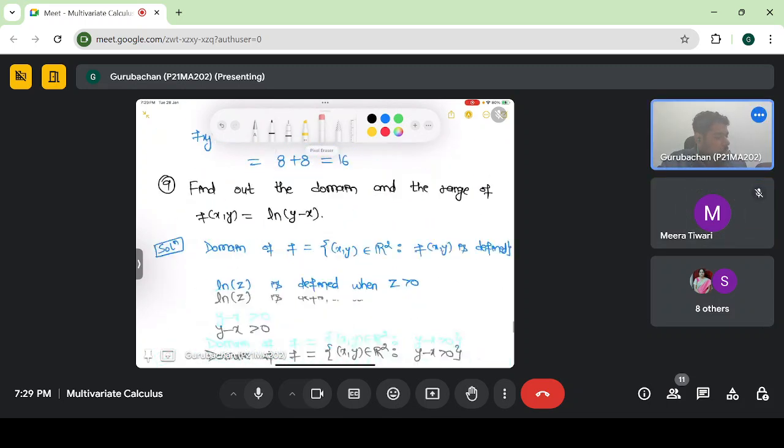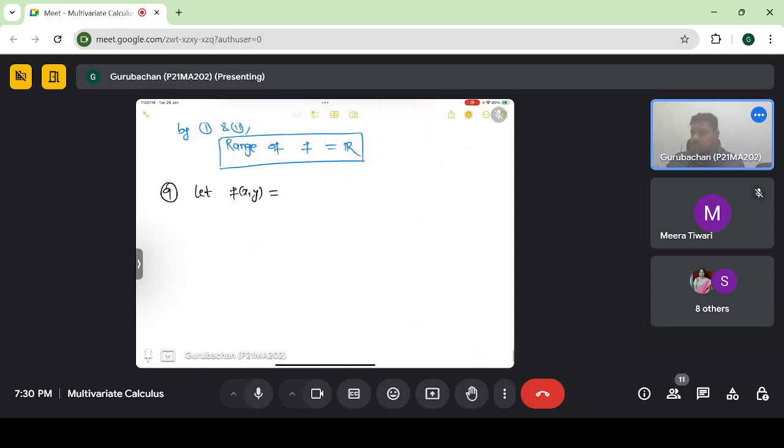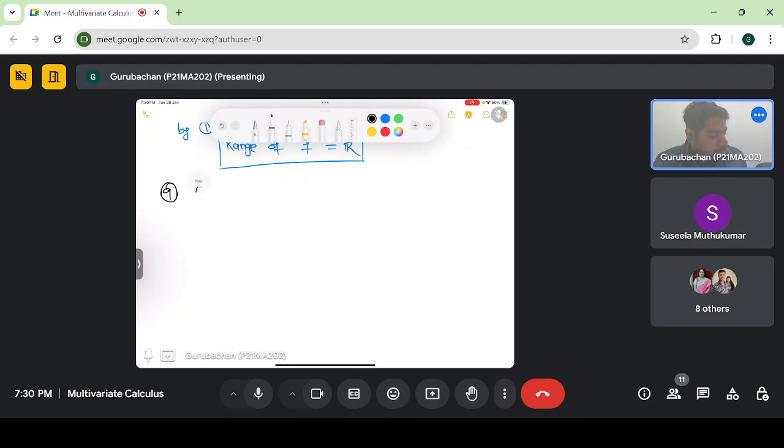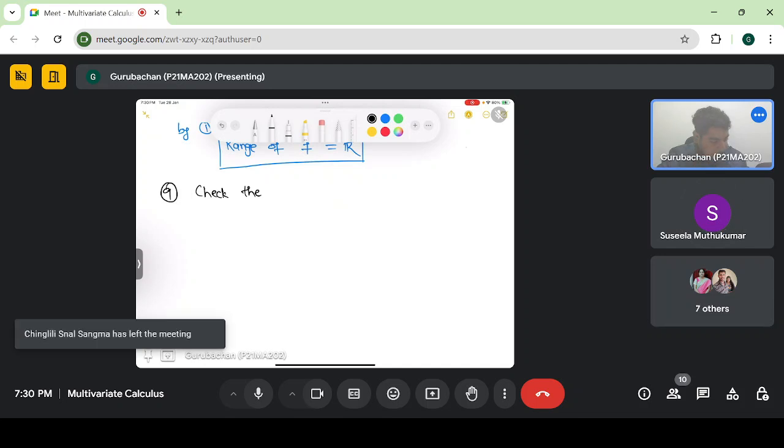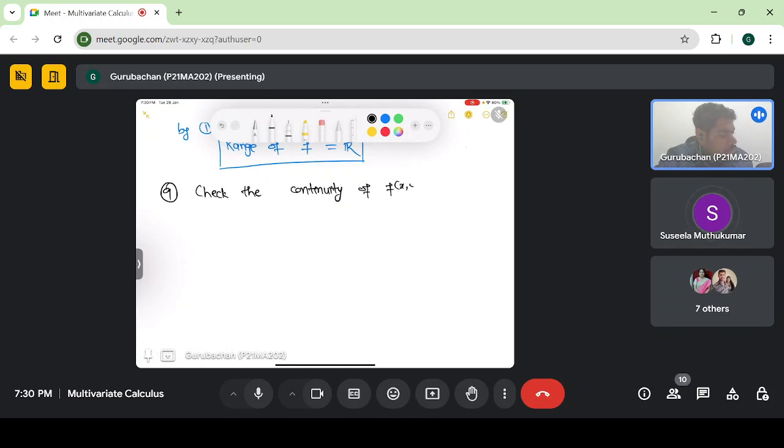So here, let me move to another approach of continuity, or rather, let me first discuss with you how to check the continuity. Now, check the continuity of f(x, y), where one part f(x, y) is defined as x y cube divided by x square plus y to the power 6 whenever (x, y) is not equal to (0, 0), and the other part is 0 whenever (x, y) equals (0, 0).